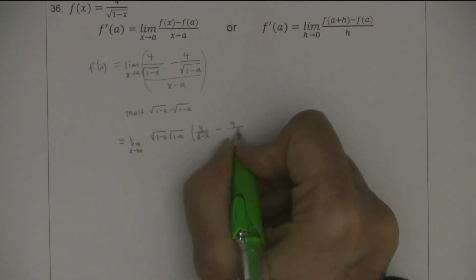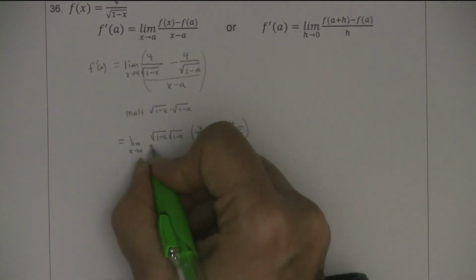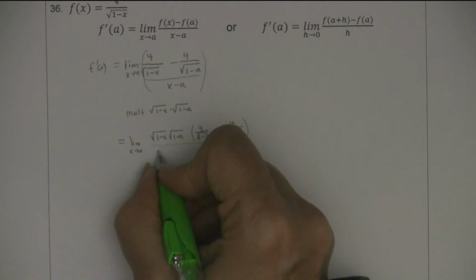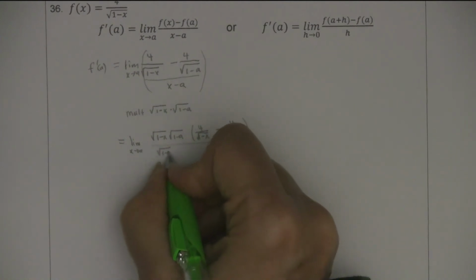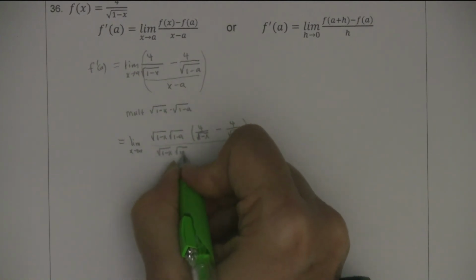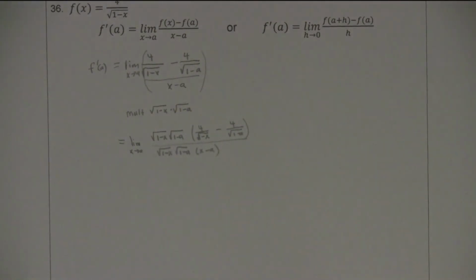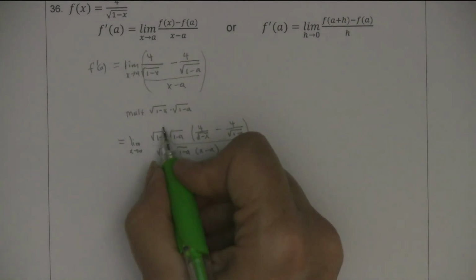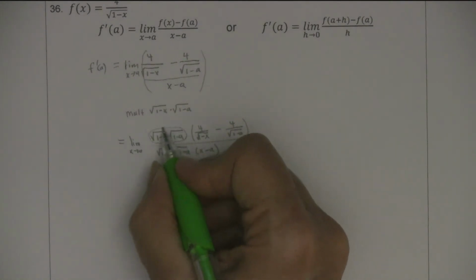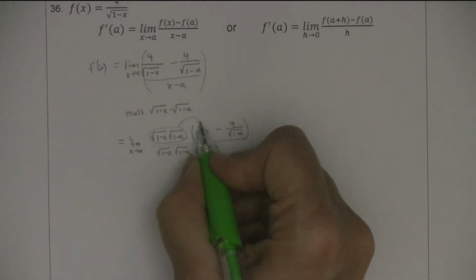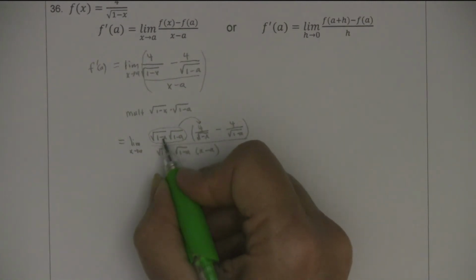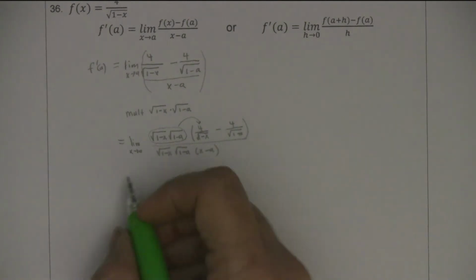minus 4 over the square root of 1 minus a, and to the denominator, so when I multiply this monomial times this binomial, the square root of 1 minus x is going to drop out, right?